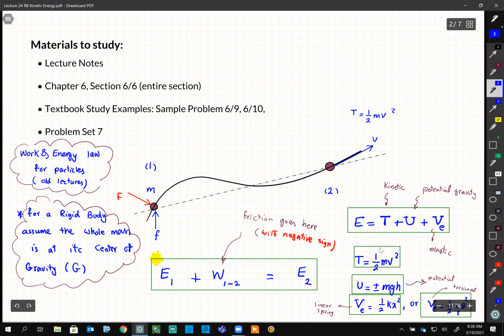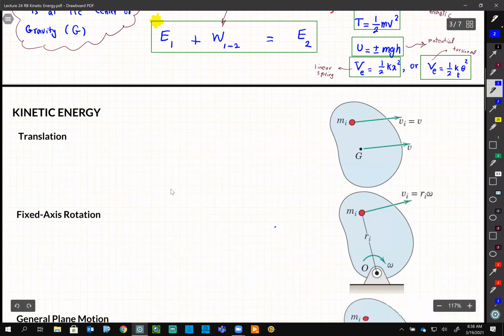But a rigid body may also rotate. If it is a car, you can imagine the car changing its rotation if you're looking from the top. So we also need to consider its moment of inertia.